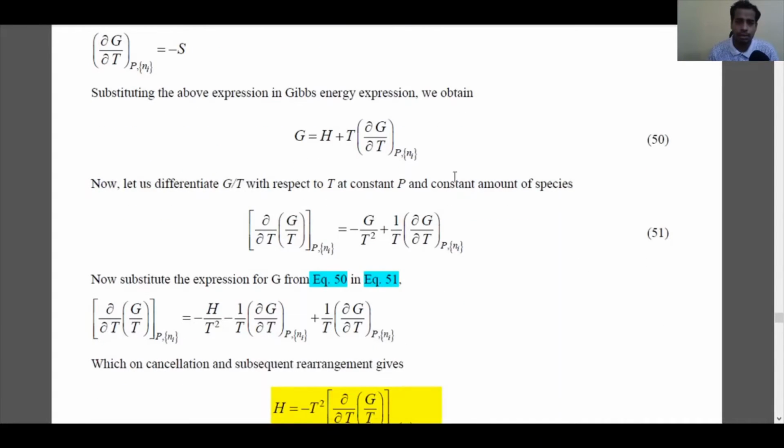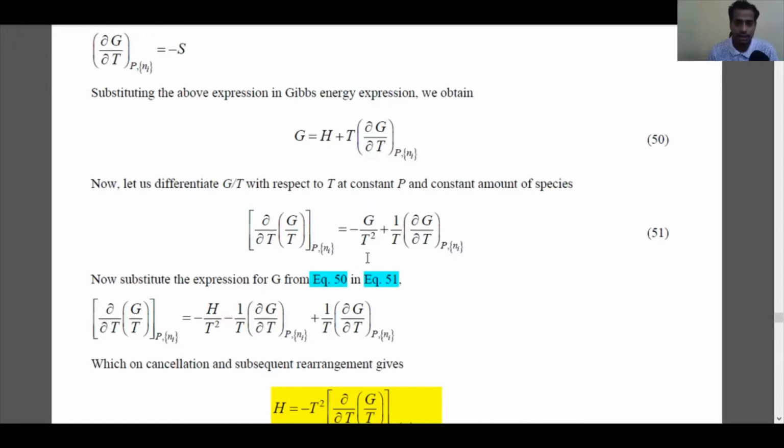Now before using this equation 50, let's derive one more thing. Let's differentiate G over T with respect to temperature at constant pressure and constant amount of species, meaning the number of moles of all the other species remaining constant. What will I get if I do that?